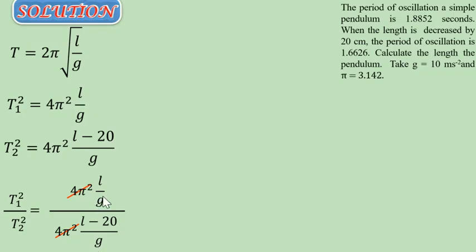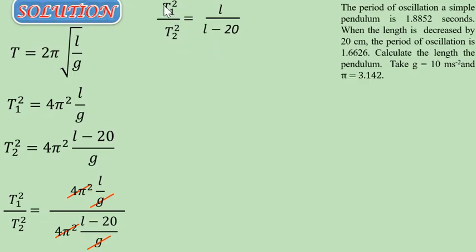We eliminate that. Then T1 squared over T2 squared will be equal to, what is left here? We have L, and what is left here? L minus 20. That gives us a very simple expression to handle.